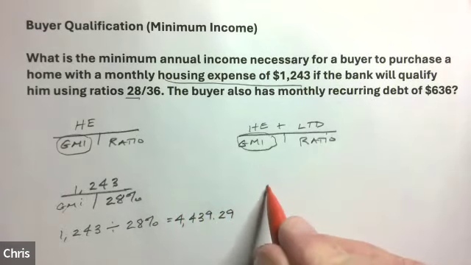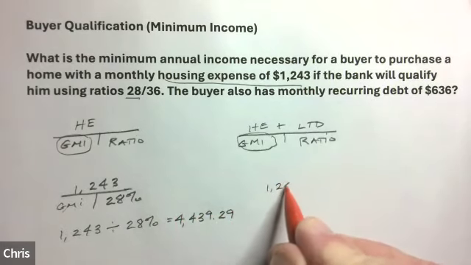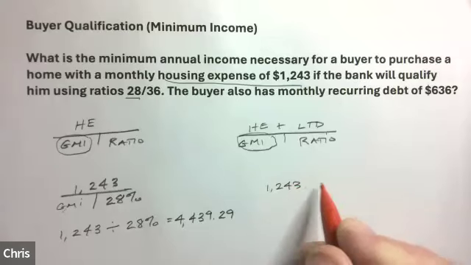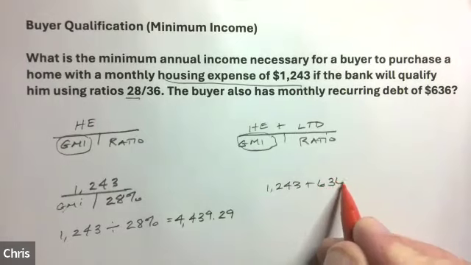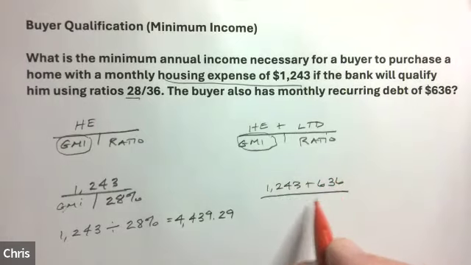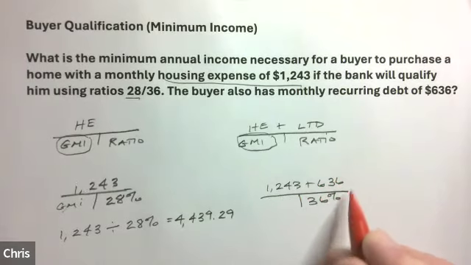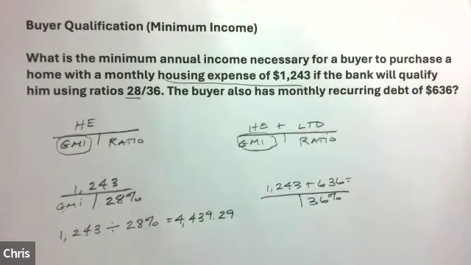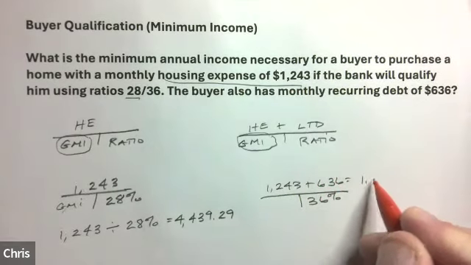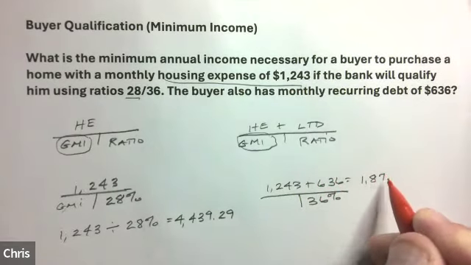So let's go do that. 1243 plus 636. Now, to me, that looks like a lot of debt for somebody that doesn't have a super high income. So let's see if I'm right. All right, we add this together down here, 1243 plus 636. 1879 is how much his total debt will be.